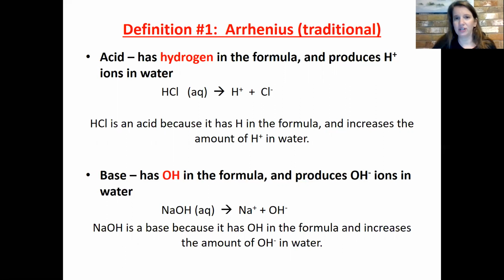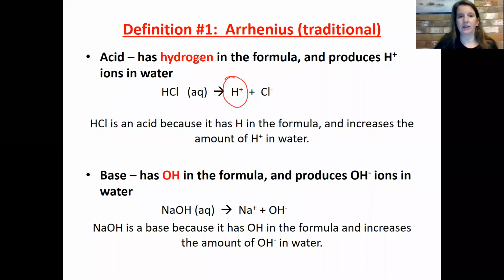Acids have hydrogens in the formula. Acids are going to dissociate and give us hydrogen ions. Okay. Bases are going to have an OH in the formula, and they're going to produce hydroxide ions when they dissociate in water. That's the first basic traditional definition of acids and bases. Acids have hydrogen, bases have hydroxide.